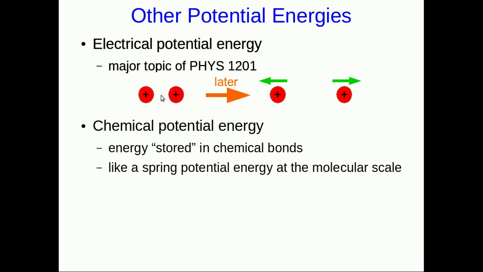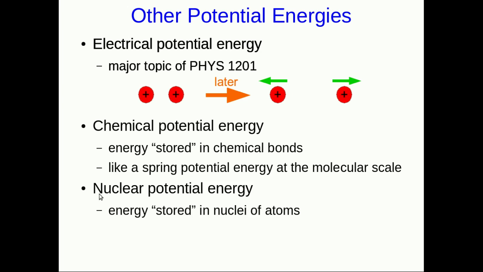And it depends on a position, because you had to push them together. Chemical potential energy is really just electrical potential energy on the molecular scale, so it's also going to depend on position. We often treat it as though it's a spring potential energy because molecular bonds behave so much like springs. And finally, nuclear potential energy is again very similar to chemical potential energy, but instead of molecules, we're now talking about nuclei.